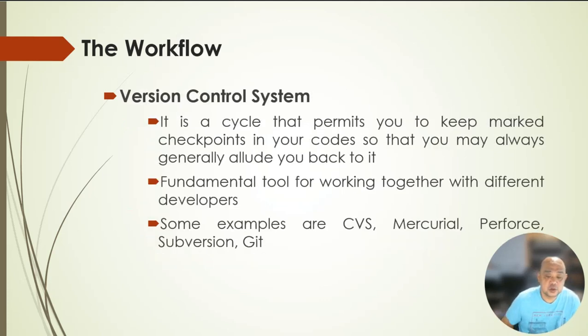A version control system allows a programmer to track changes in the code, mark checkpoints, and work together on the same project by storing files and their history in a shared repository.